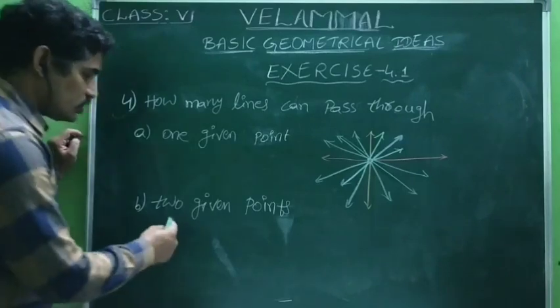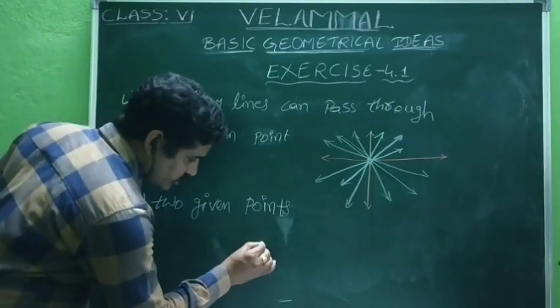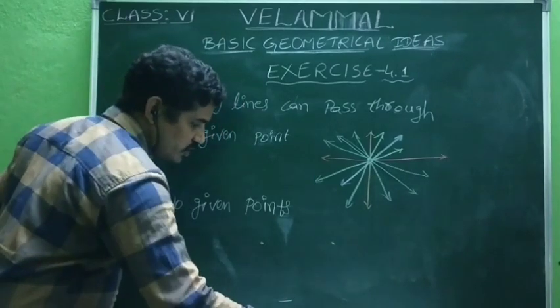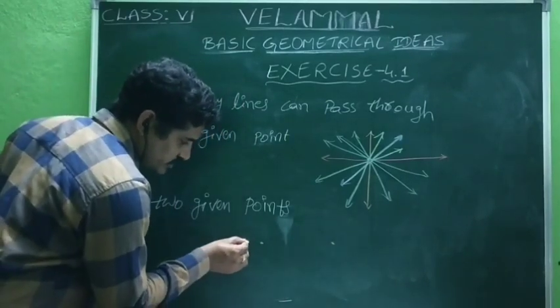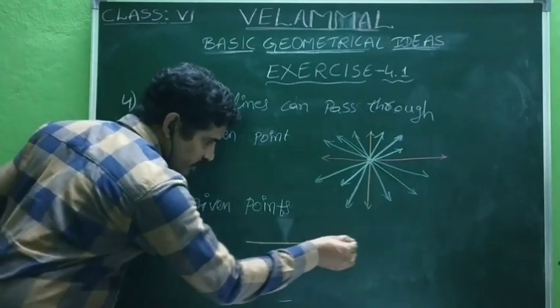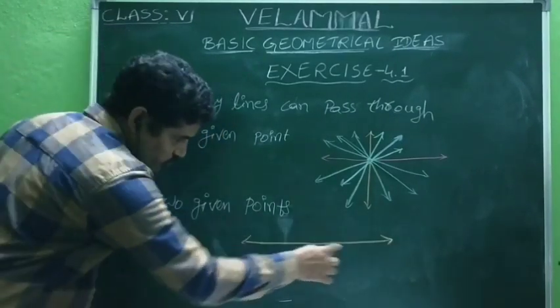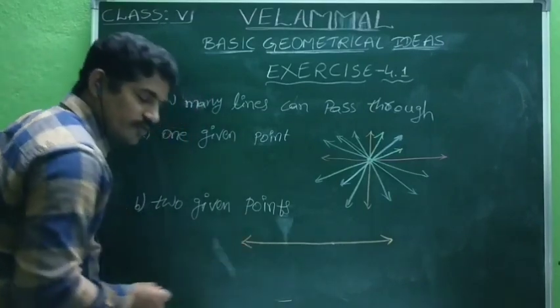The next one, two given points. For example, one point is given here, another point is given here. If we want to draw a line passing through these two points, we can draw only one line.